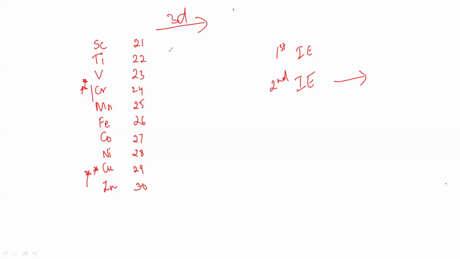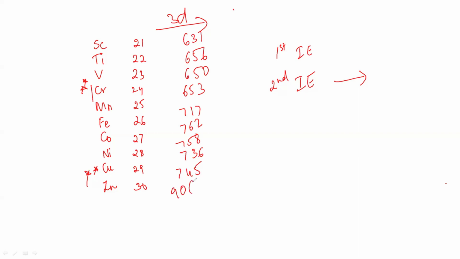You can see the values given: 631, 656, 650, 653, then 717, 762, 758. So there is an increase in ionization enthalpy.